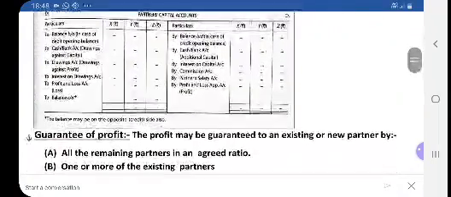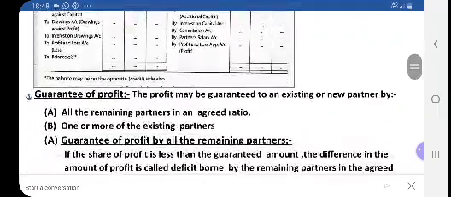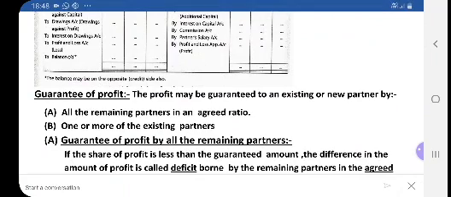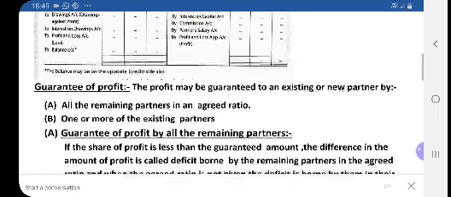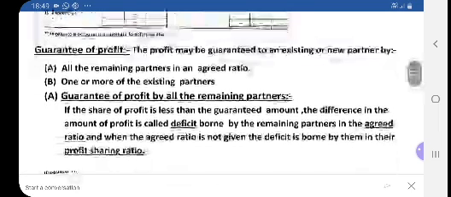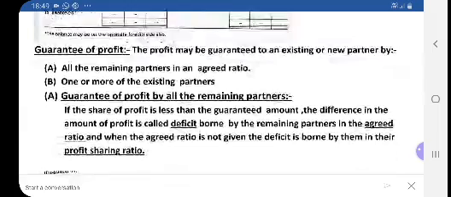Now come to the next topic, that is guarantee of profit. What do you mean by guarantee of profit? A profit may be guaranteed either to an existing partner or to a new partner. Generally, there is a condition given by a new partner that he will join the firm only in case of profit.